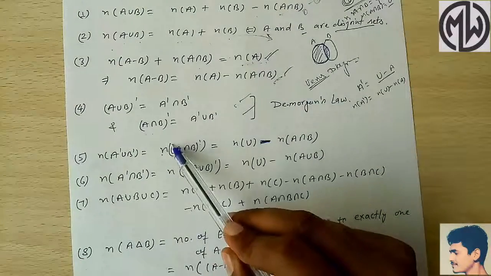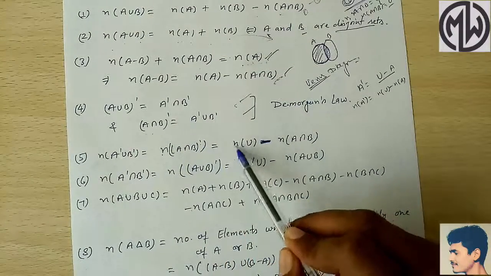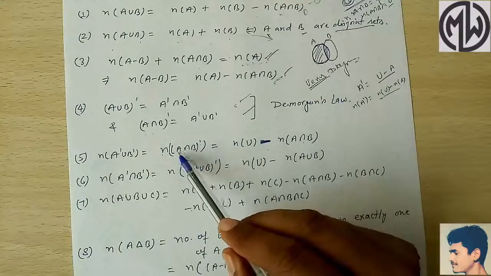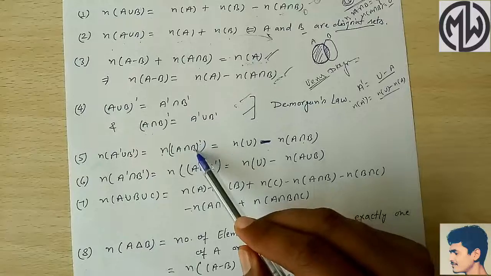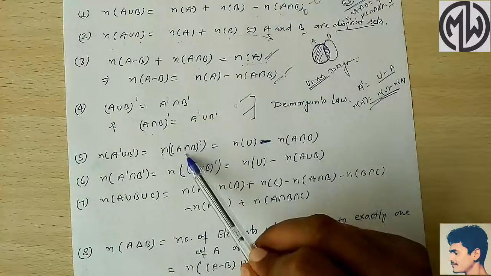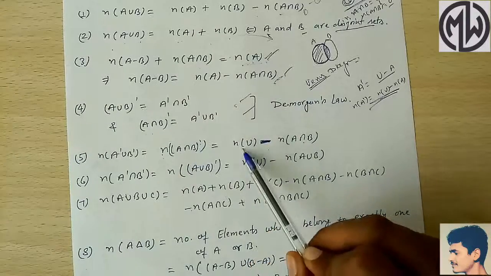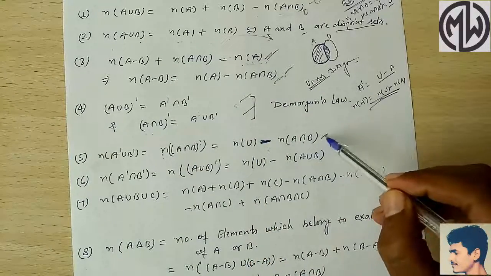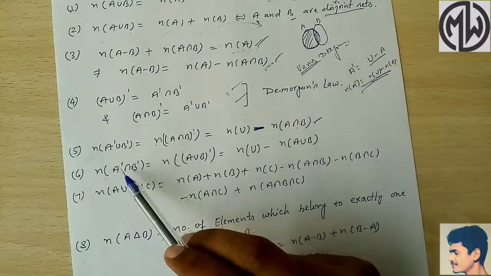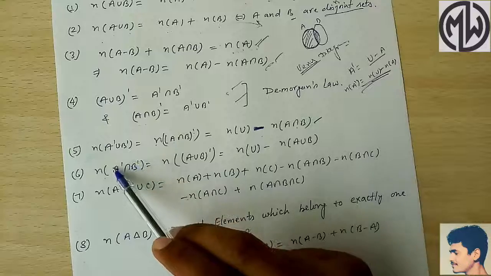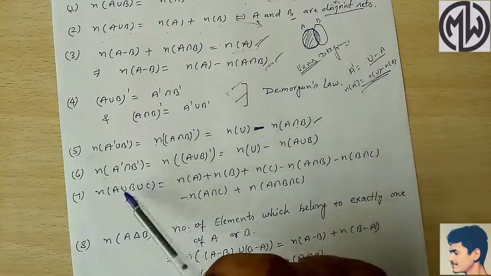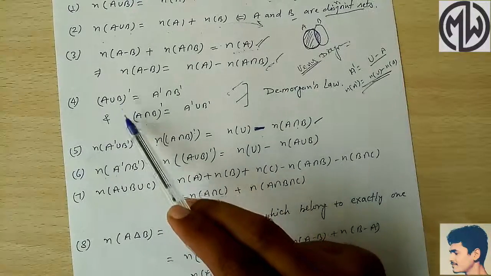So n of A complement is equal to n of U minus n of A by this rule, where A is equal to A intersection B. Okay, so by this property we can say n of A intersection B complement is equal to n of U minus n of A intersection B. Okay, next result is n of A complement intersection B complement. A complement intersection B complement is equal to A union B complement.